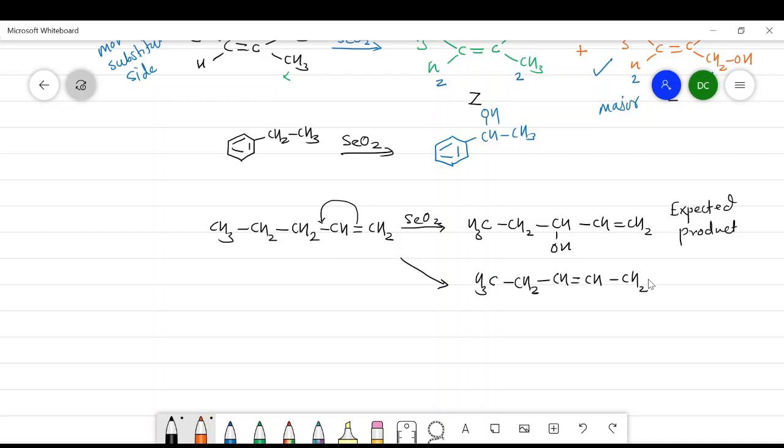And here, the OH group is attached on the last carbon. It is known as allylic migration or allylic rearrangement, and we get a different product. This product is a major one in this case. So along with the hydroxylation, there is an allylic rearrangement also in case of SeO2 oxidation.